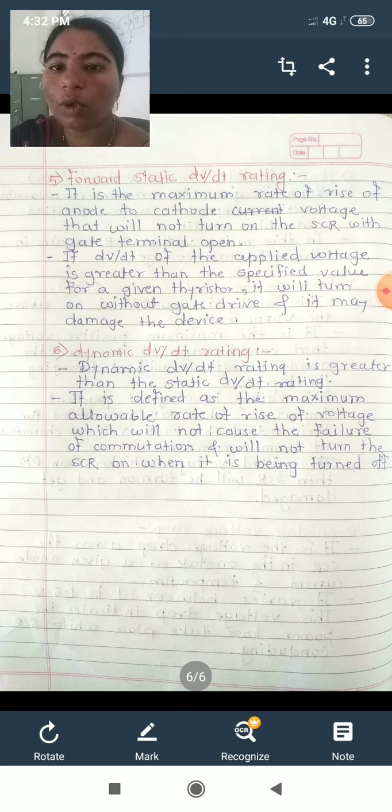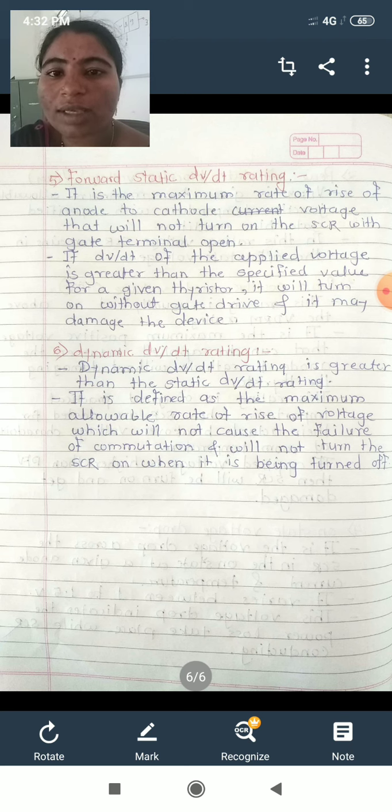Next voltage rating is forward static dV by dt rating. It is the maximum rate of rise of anode to cathode voltage that will not turn on the SCR with the gate terminal open. Means when no current pulse is applied to the gate terminal, at that time you can apply this maximum rate of voltage between anode and cathode terminals, but it does not turn on the SCR.